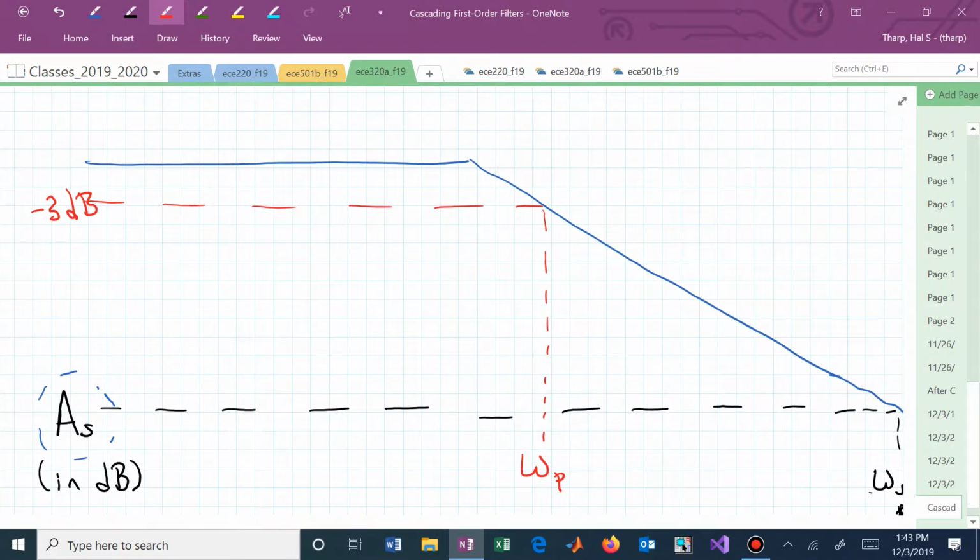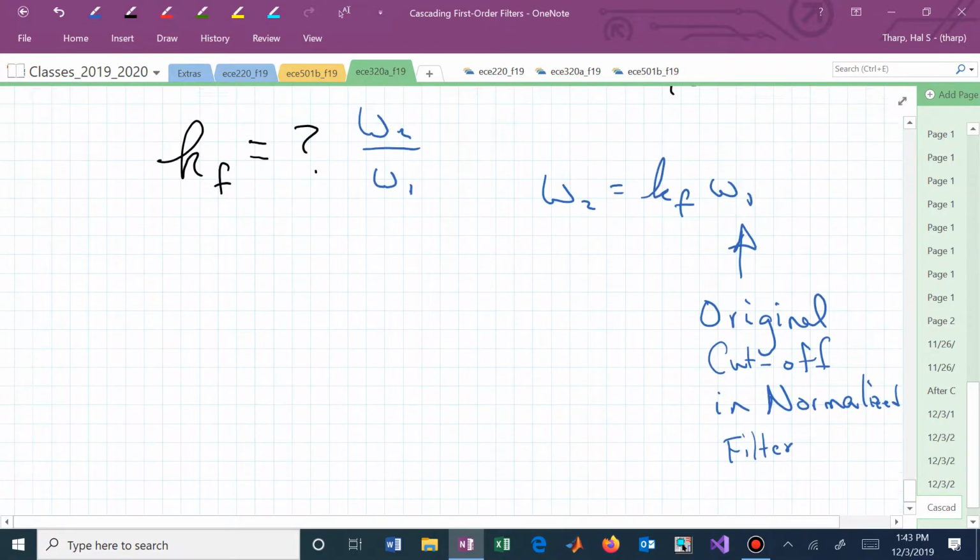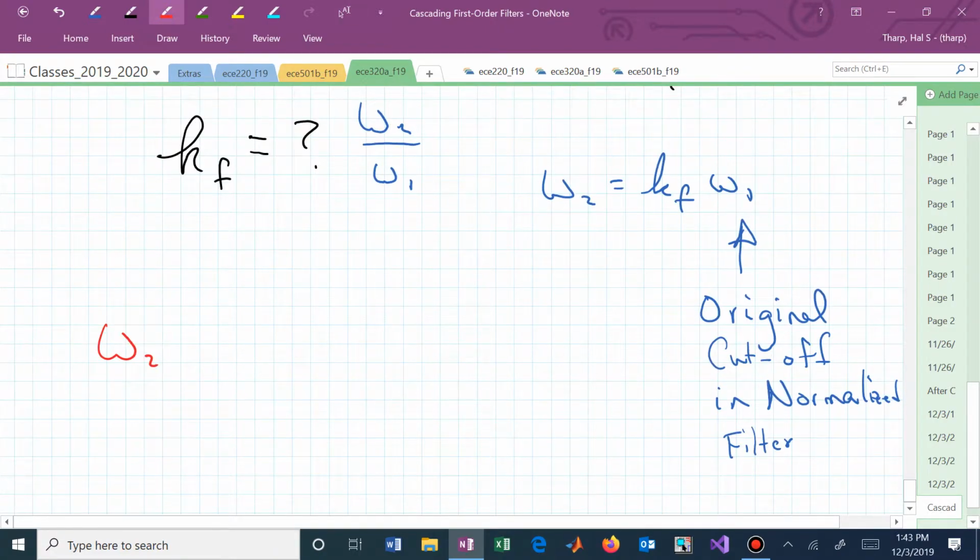If we started with a normalized filter having a bandwidth of 1 radian per second, we now need to convert 150 hertz to radians per second to give us omega sub p, which in this case is our omega sub 2. So now we want omega sub 2 to be 2 pi times 150.